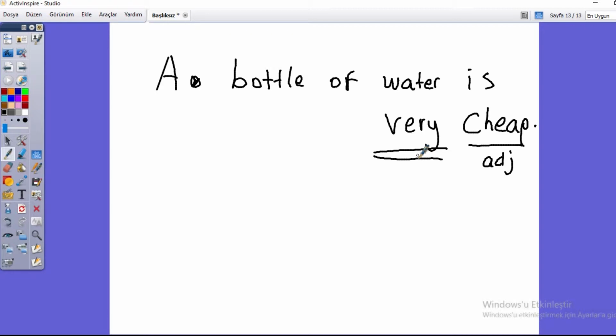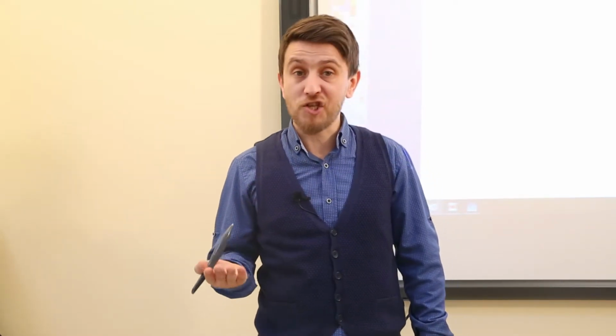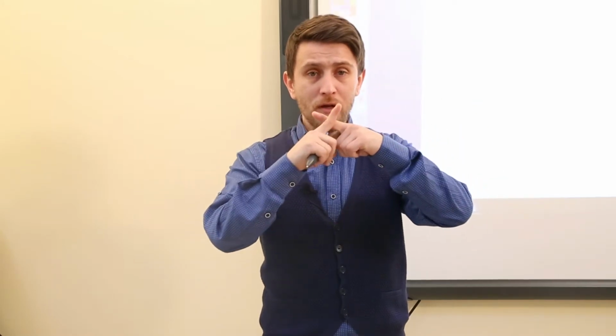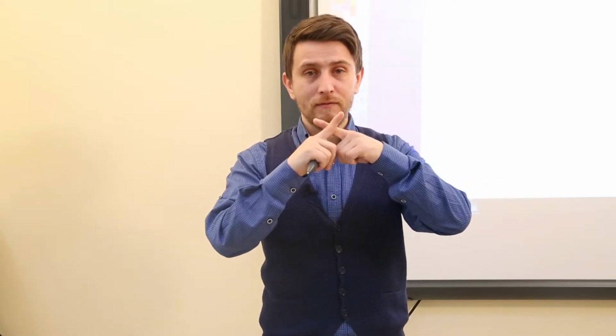We always use very before the adjectives. A pen is a cheap thing. A bottle of water is a cheap thing, object. Like tea is only 1 Turkish lira. So tea is cheap. The opposite of cheap is expensive.